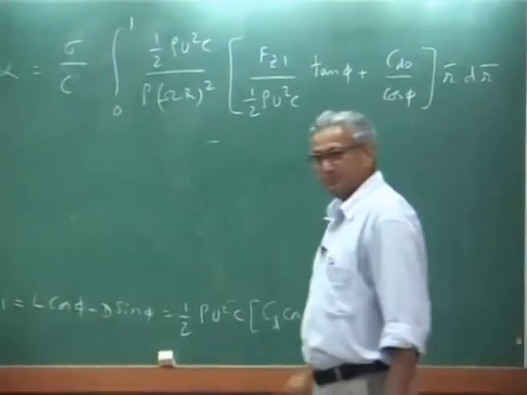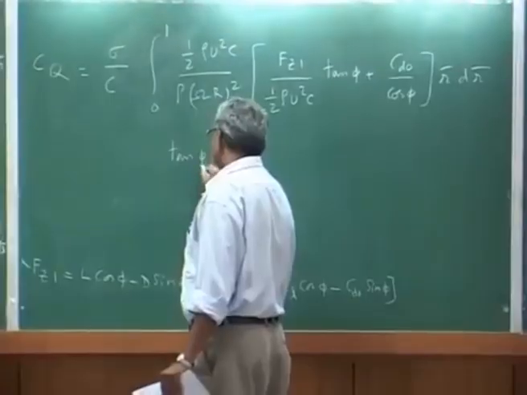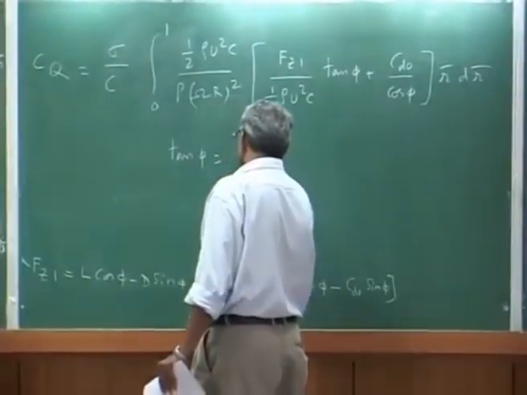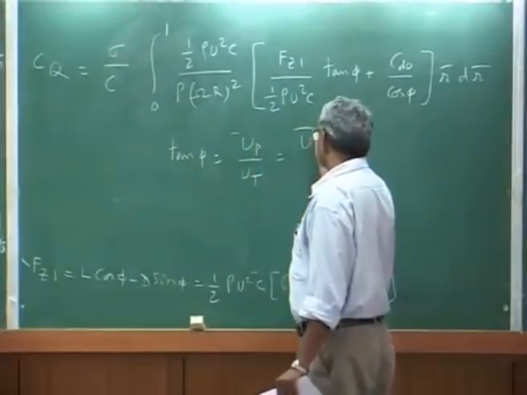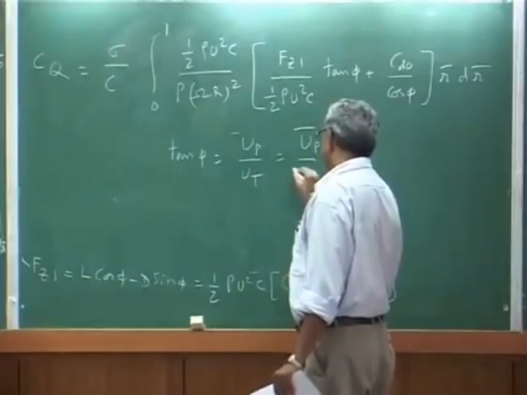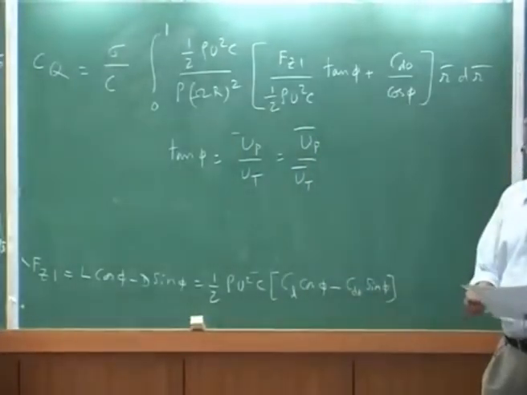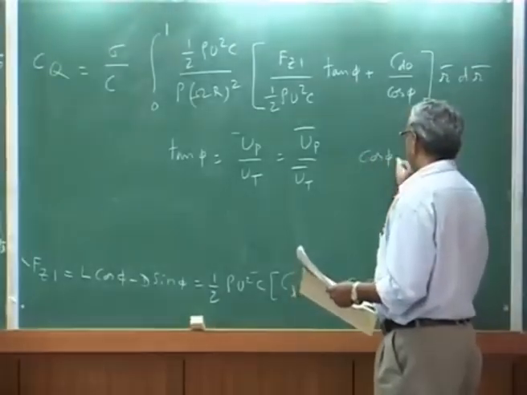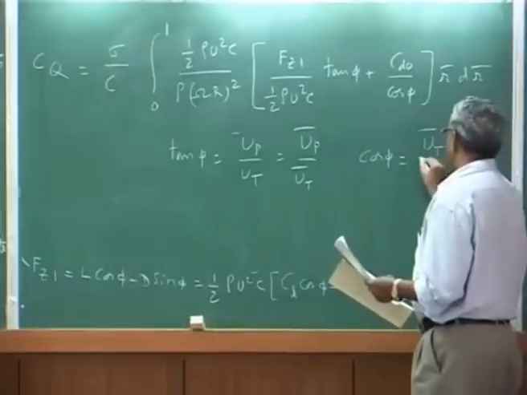And you know from our flow, tan phi is u p over u t, or you may also write it as u p bar over u t bar, and cosine phi will be u t over u.